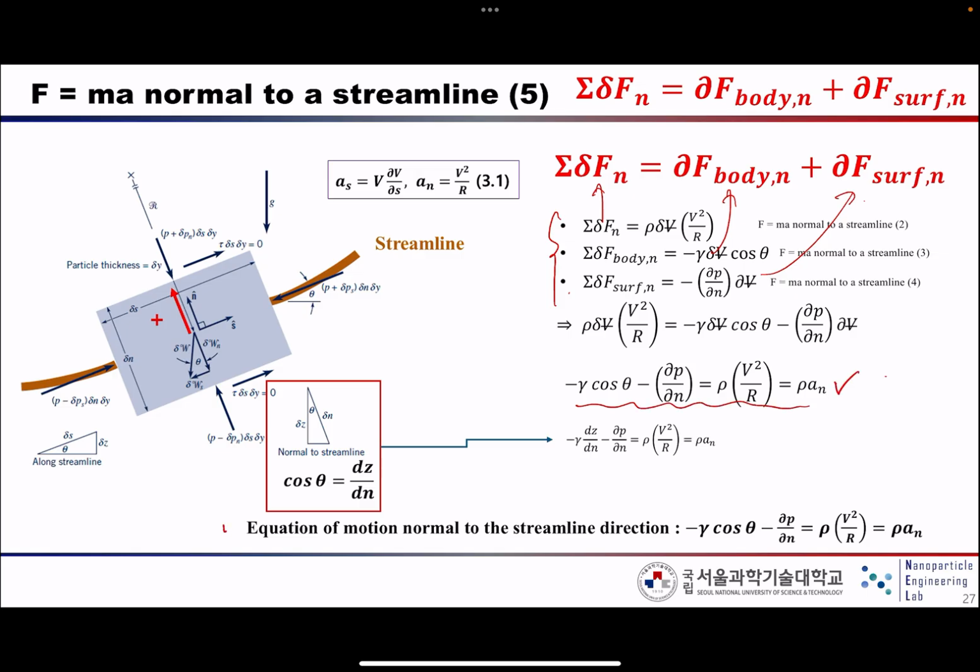This is called the equation of motion normal to a streamline direction. Here, gamma times cosine theta minus partial p partial n equals rho times v squared divided by r.